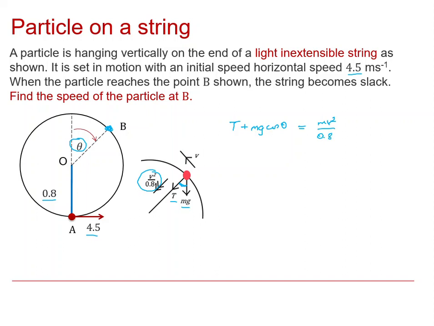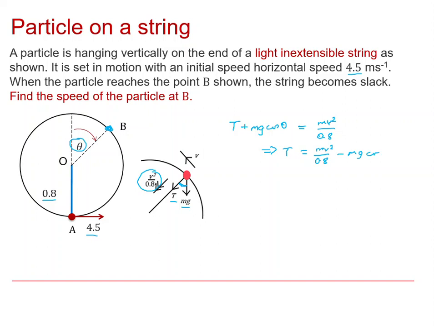Now with that we can simplify it considerably clearly, because we're interested in getting the tension. So the tension, because that's what's got to be 0. So T is equal to mv squared over 0.8 minus mg cos theta.